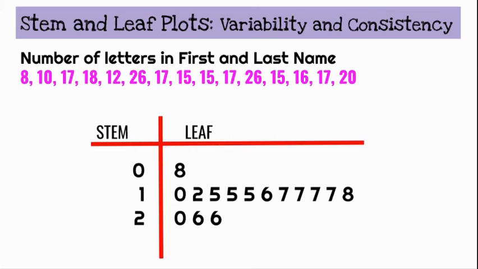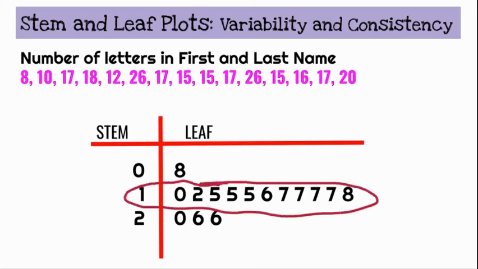Or do we have consistency within our responses? Well, if you look, the majority of our responses are somewhere in the tens. We have 1 in the single digits, we have 3 in the 20s, but the vast majority of our answers are in the tens, the teens, things like that.